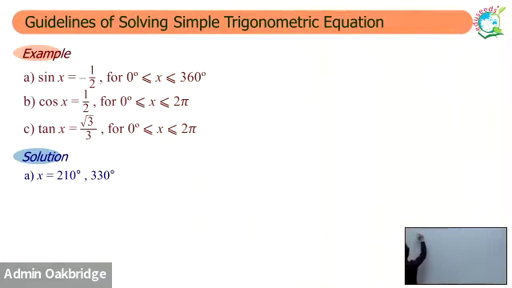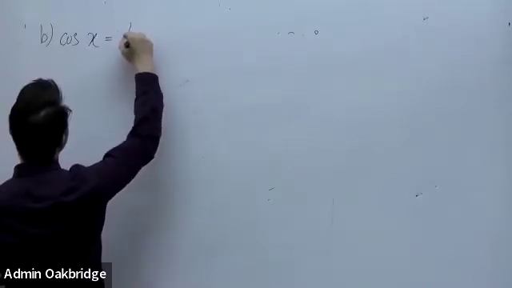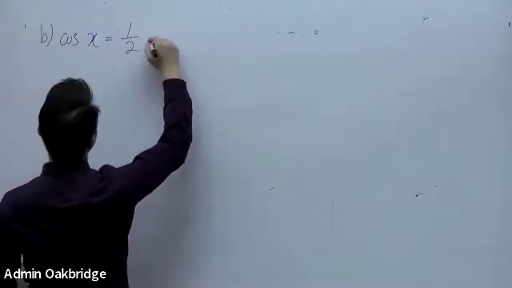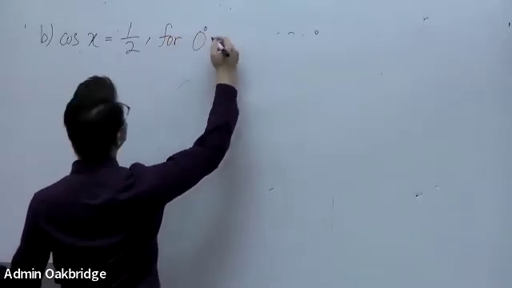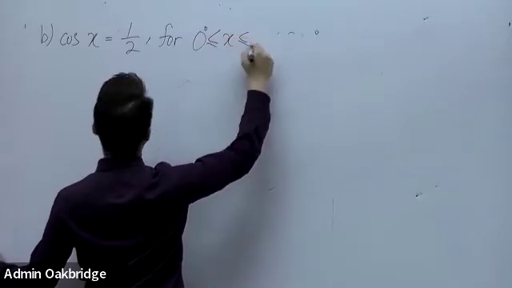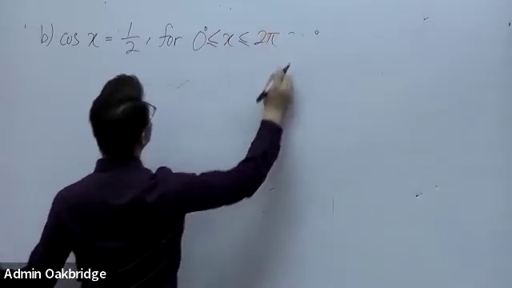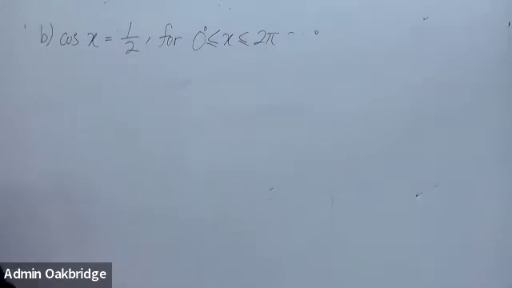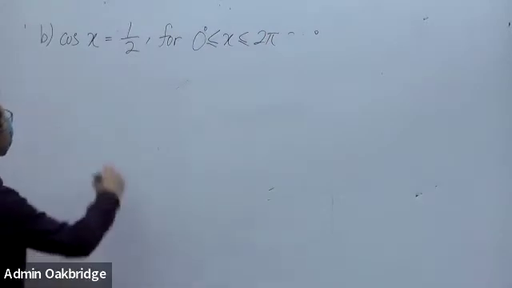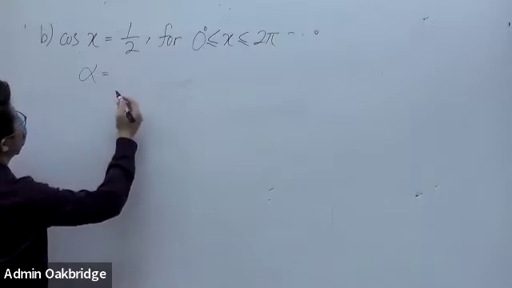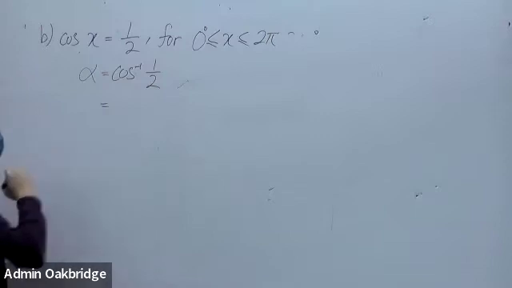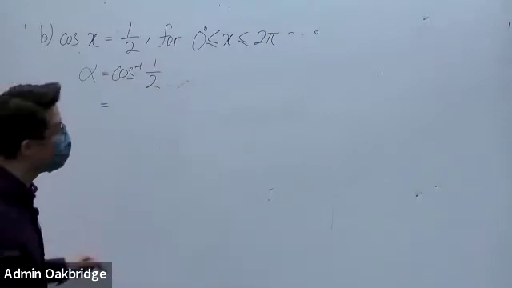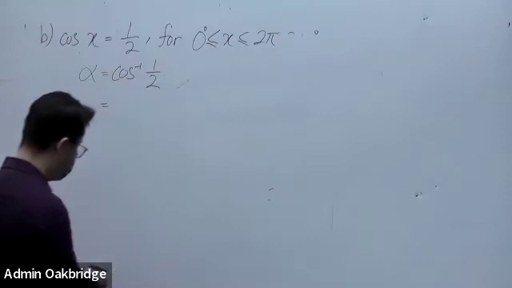Question B, we have cos x equals 1 over 2. This one, the angle in radian. Our first step, find out the basic angle. Take the inverse cos of 1 over 2. Be careful, this one must be in radian, in terms of pi, not degree anymore.